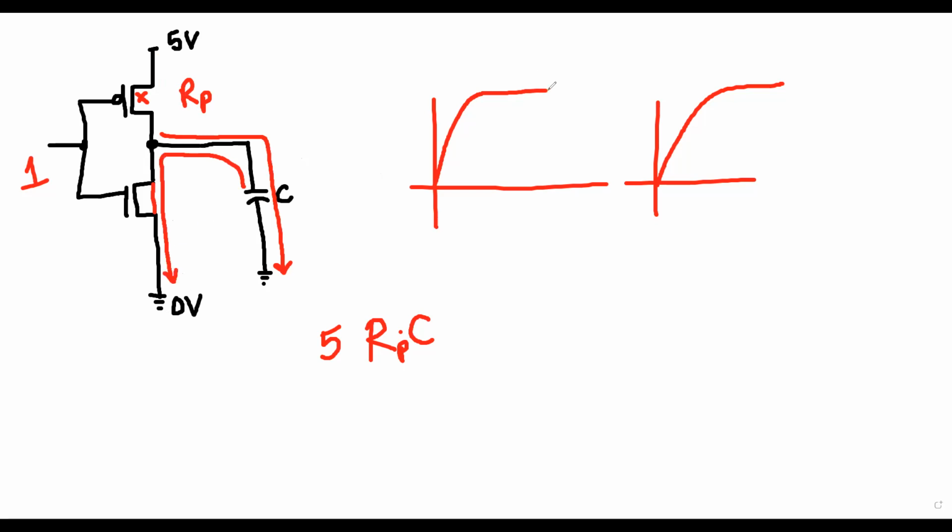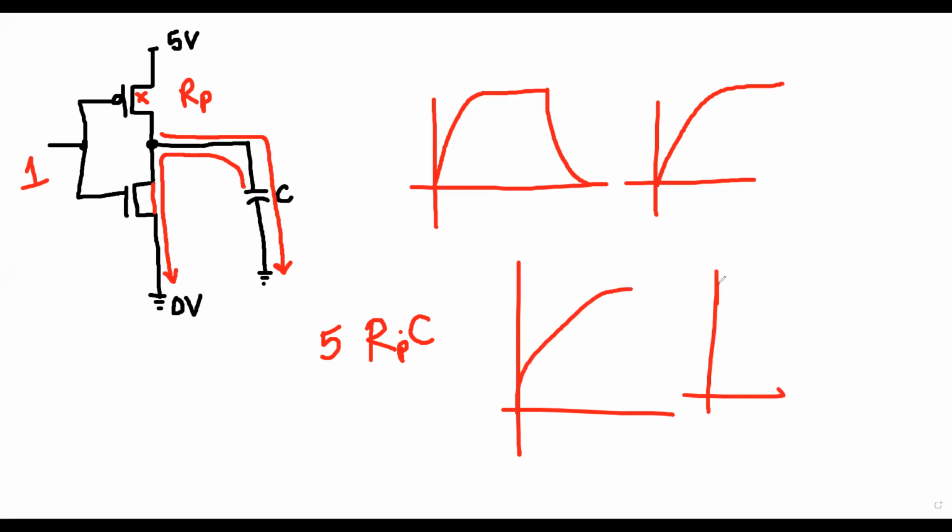Now, how is the discharging done? Discharging is done like that, right? We all know a capacitor discharges like that. The graph of charging and discharging is like this. Understood? So this is this. Think about this.